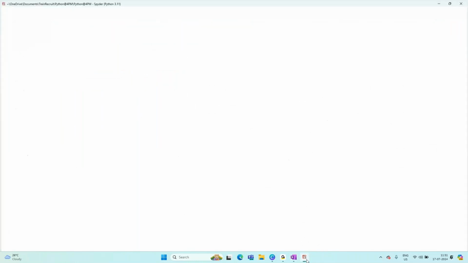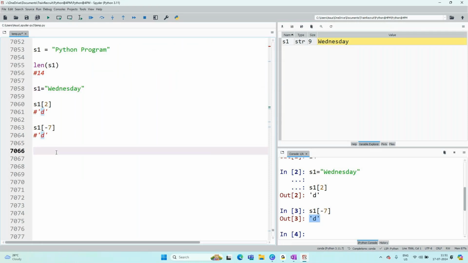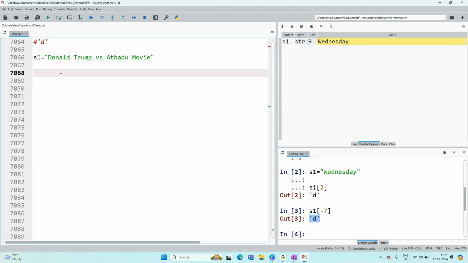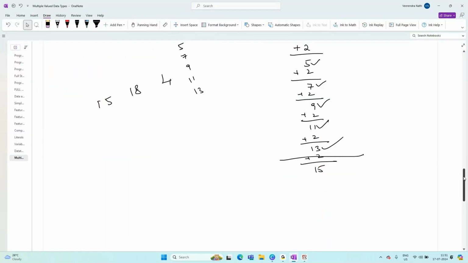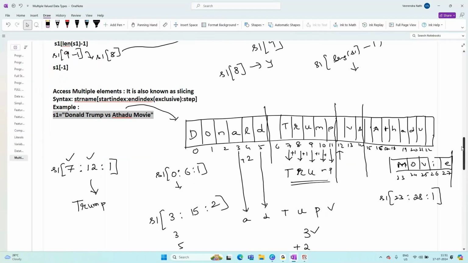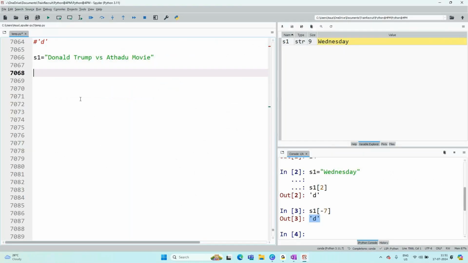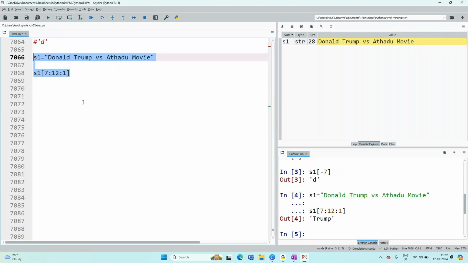One or two examples I will do. S1 of 7 colon 12 colon 1, no? Okay.